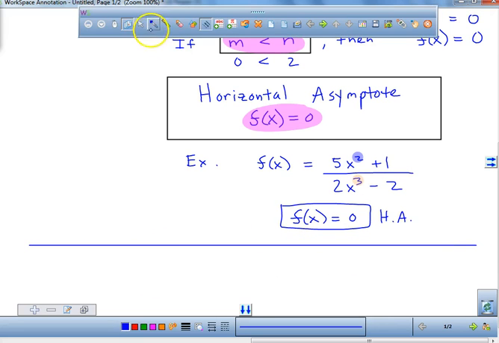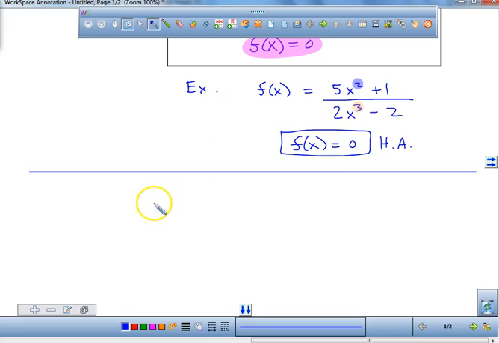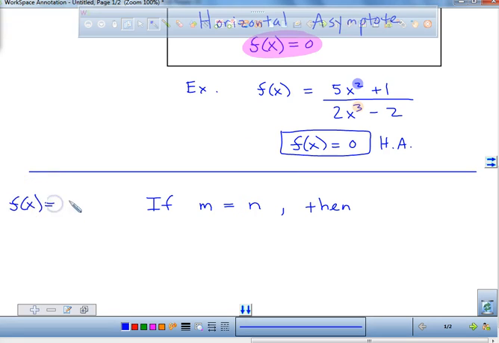There are 2 other scenarios. One scenario is if m is equal to n. This is the second scenario. If m is equal to n, let me rewrite the function. If you have any rational function, f of x equals a times x to the m over b times x to the n, plus dot dot dot, just in this rational function form.